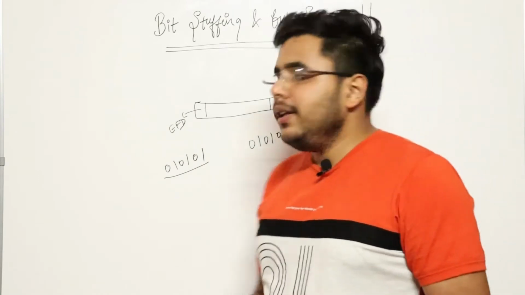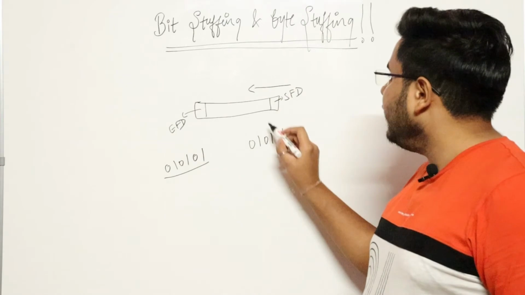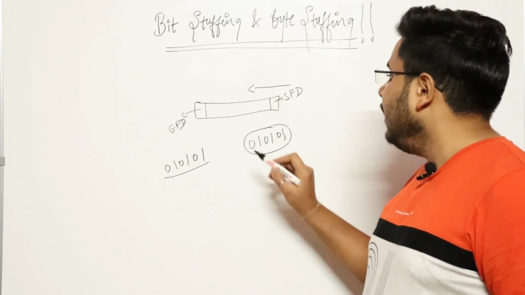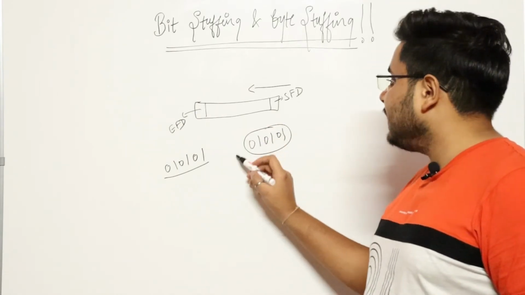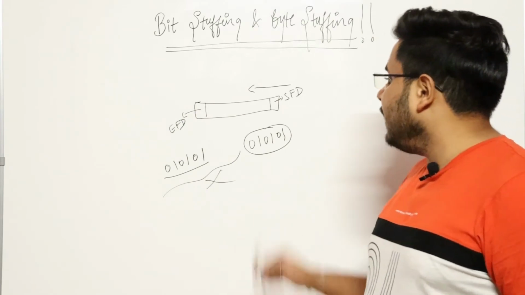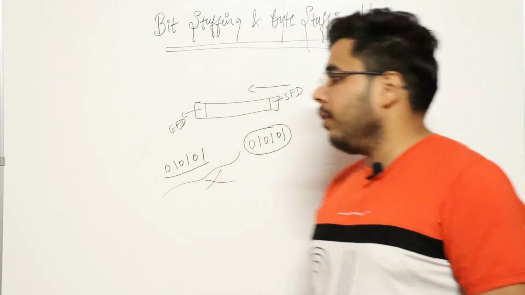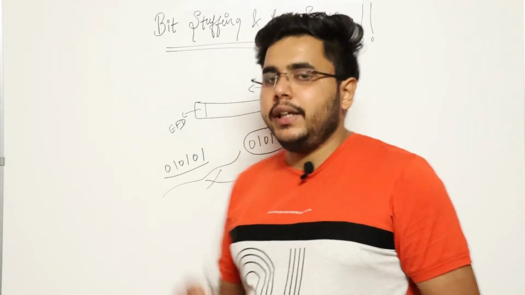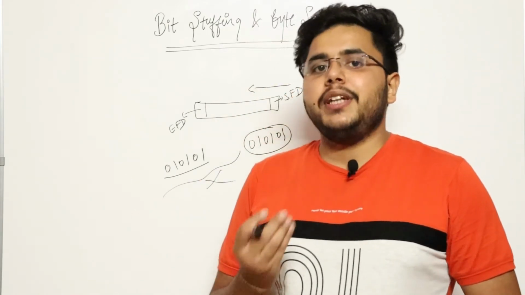When the host starts reading from the SFD and reaches the data point where the data looks like this, the host will think that this is the EFD itself and will discard the further packet. In this way there will be a problem and the host will receive the wrong packet or wrong information.